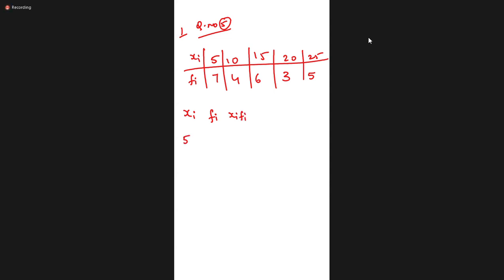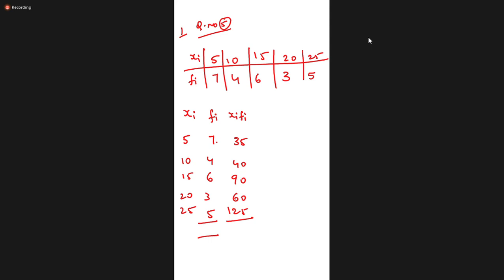This is 5, 10, 15, 20, 25. Frequency 7, 4, 6, 3, 5. xi fi multiply: 35, 40, 90, 60, 125.